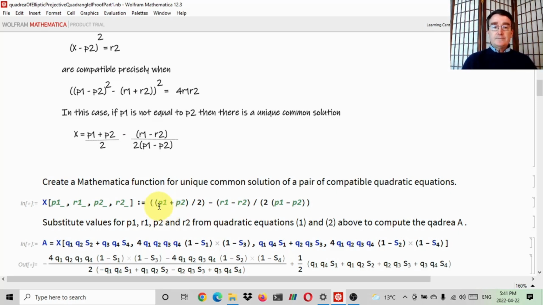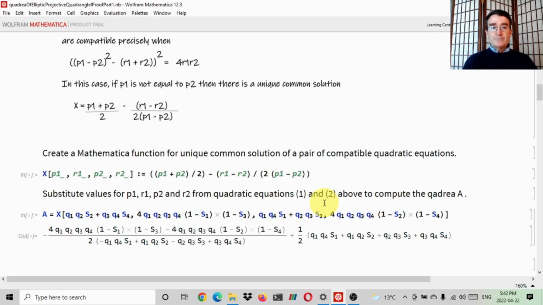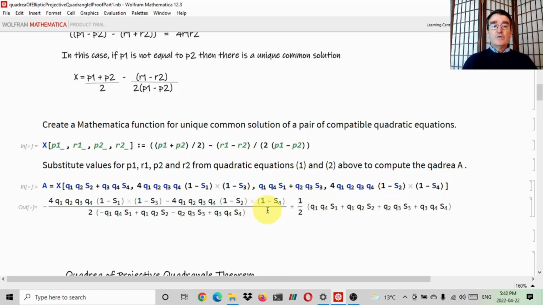So the equation x is (p1 plus p2) over 2 minus (r1 minus r2), all divided by 2 times (p1 minus p2). This is the Mathematica equation for that, in a Wolfram Mathematica notebook.